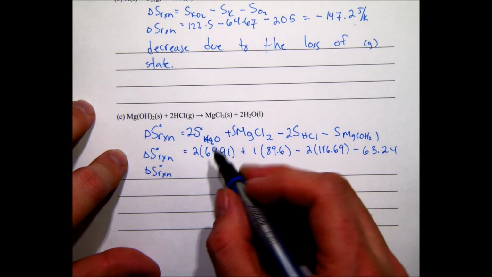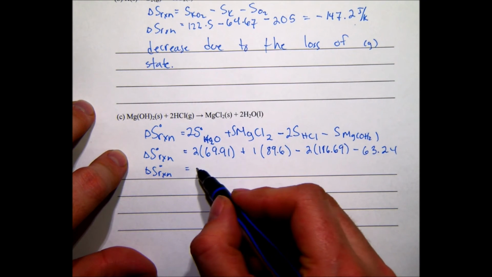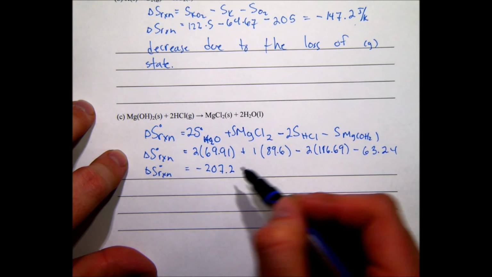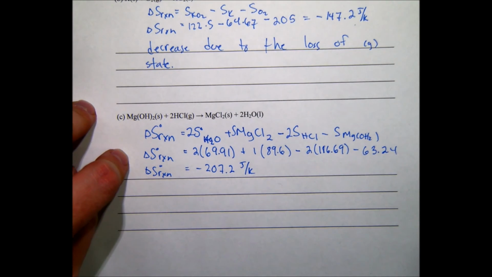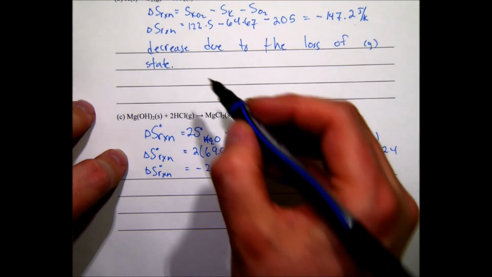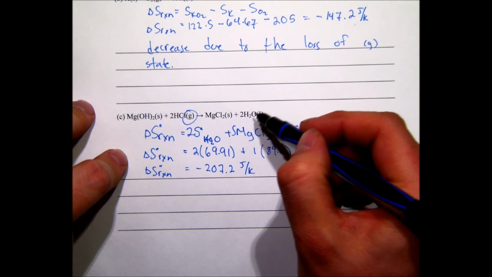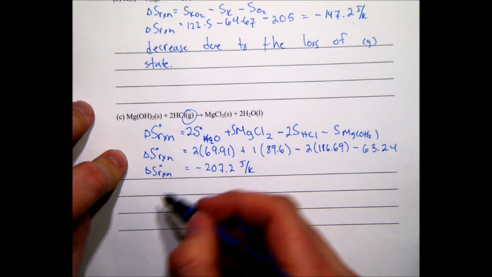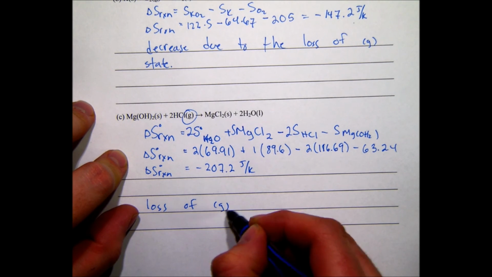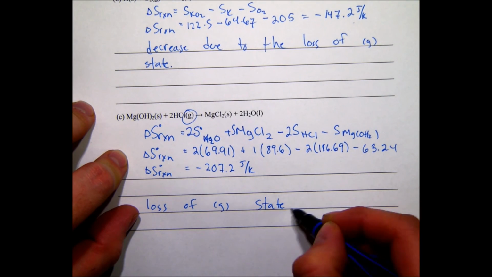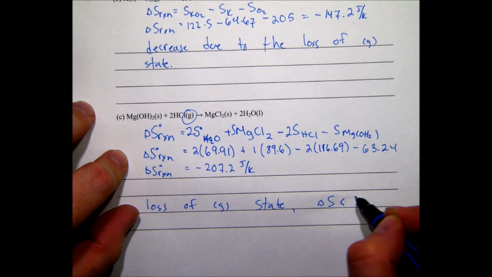Delta S of reaction is equal to negative 207.2, and that is joules per Kelvin. So once again, we have a mole of gas going to no moles of gas, and since we have the loss of the gas state, entropy will decrease.